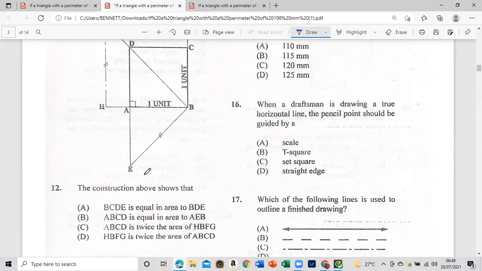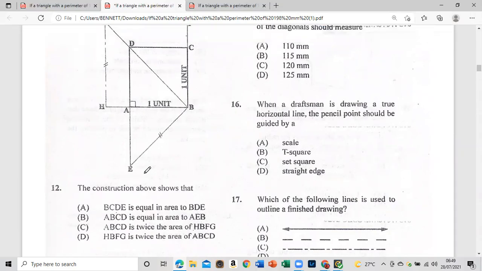Is it equal to the area of BDE? Let's see. That's not correct. All right, so we can know from maths that ABC is equal to the area of AEB.